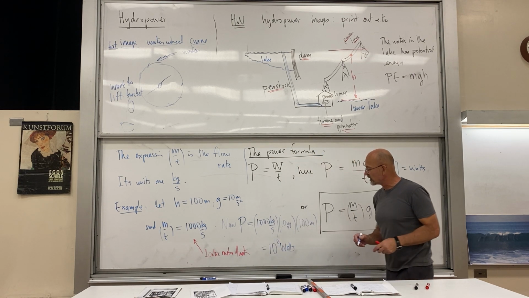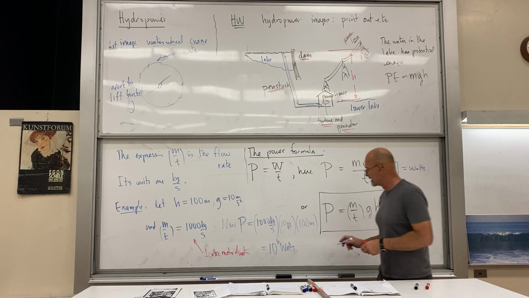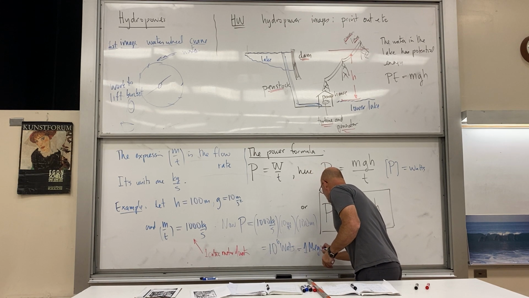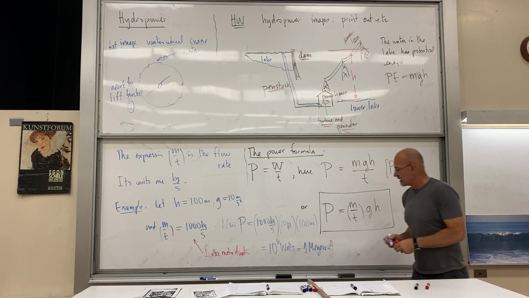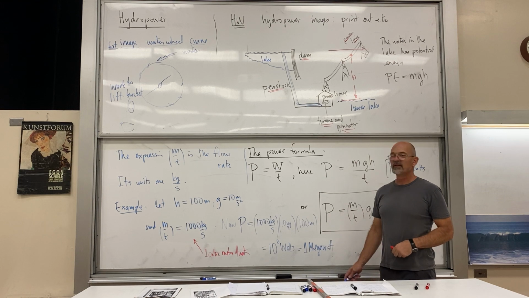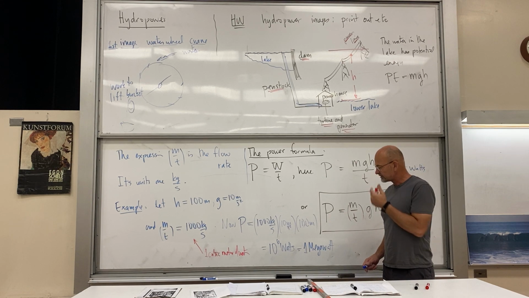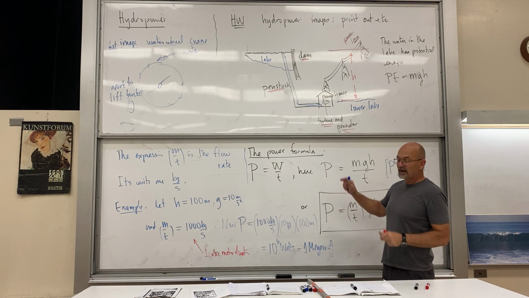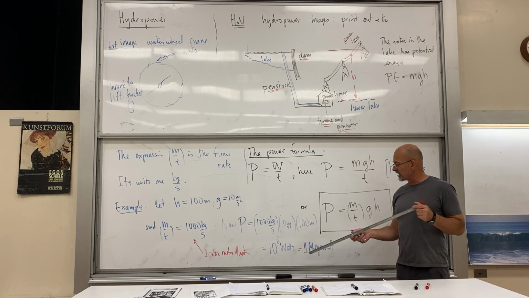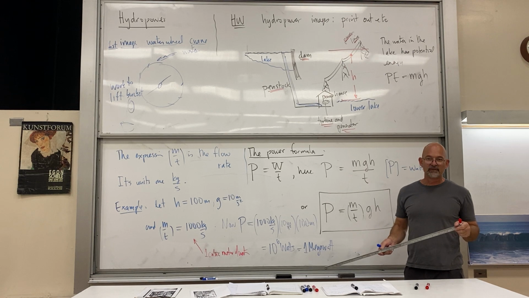That's an interesting number. It's also called a megawatt. 1,000,000 watts equals 1 megawatt. That's more than you use in your house. A large-scale hydropower plant can easily generate 1,000 megawatts.